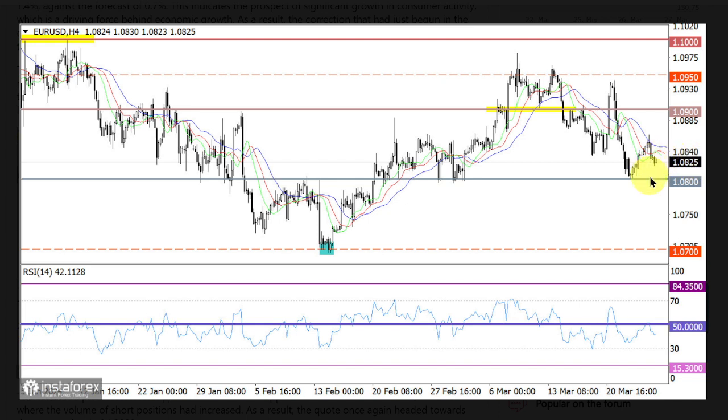Otherwise, the level will continue to serve as a support, ultimately leading to the pair fluctuation between 1.0800 and 1.0850. The bullish scenario will come into play in case the price settles above the value of 1.0850 by the end of the day. In this case, the euro may recover.